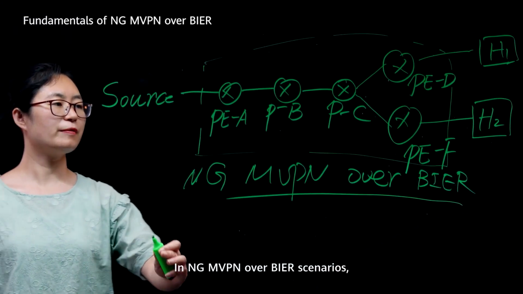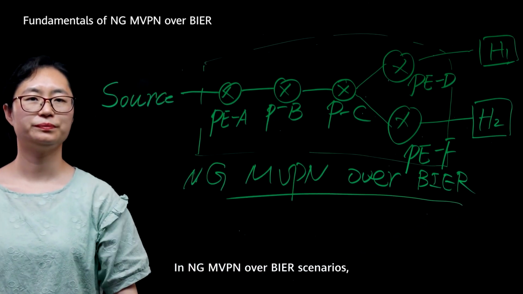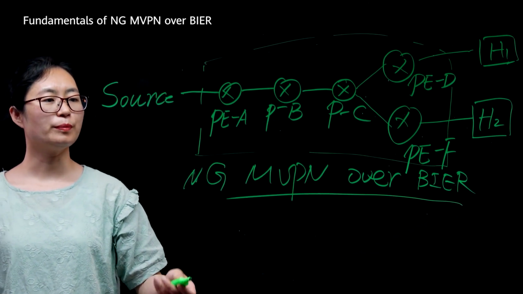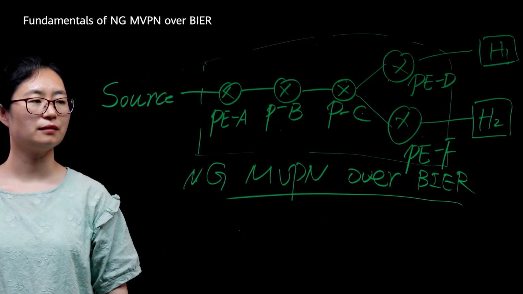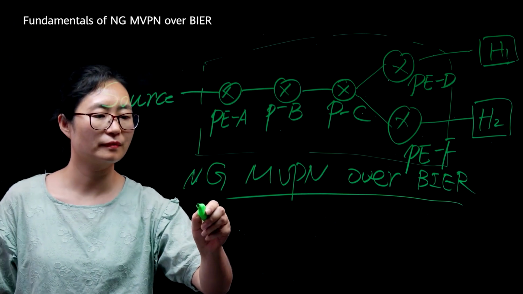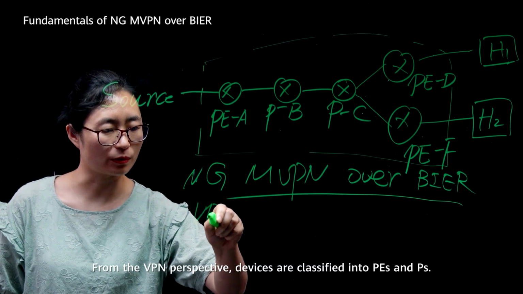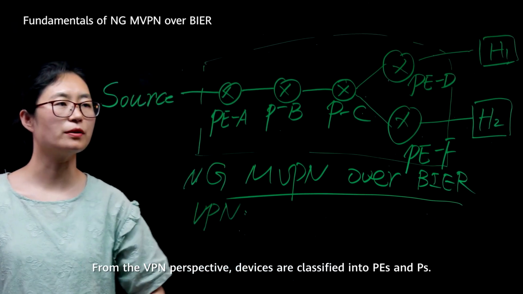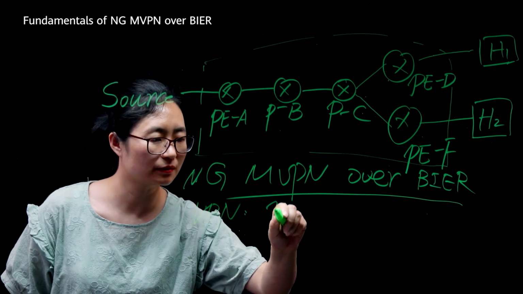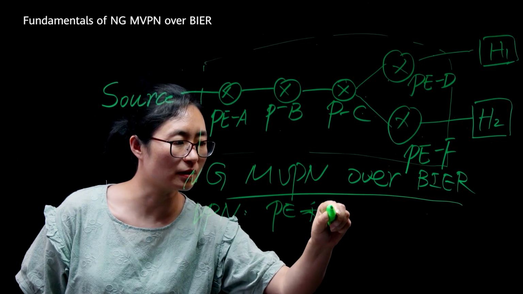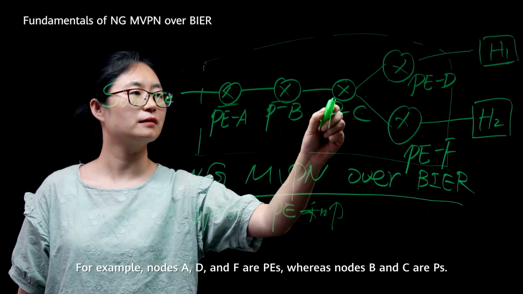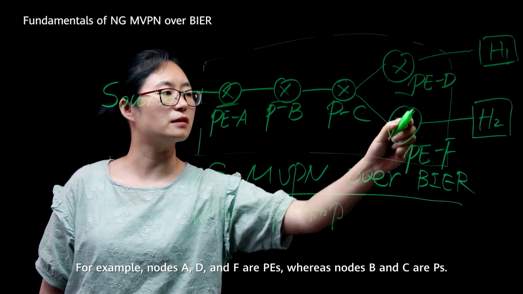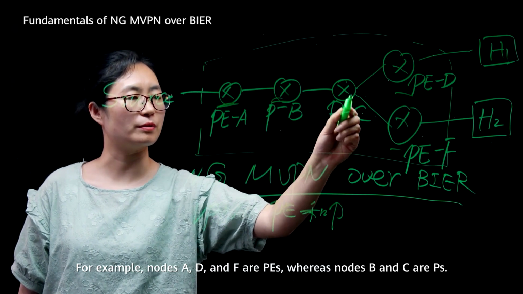In NG MVPN over BIER scenarios, the roles of devices vary according to the protocol perspective. From the VPN perspective, devices are classified into PEs and Ps. For example, nodes A, D, and F are PEs, whereas nodes B and C are Ps.